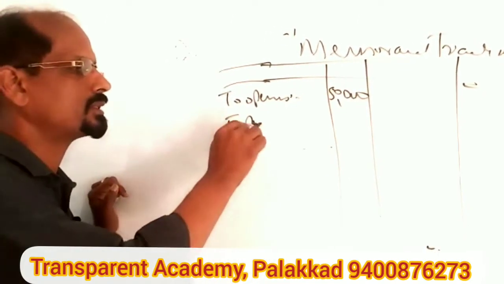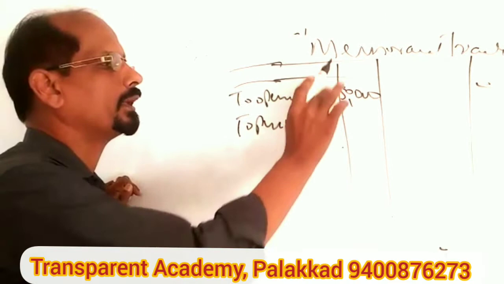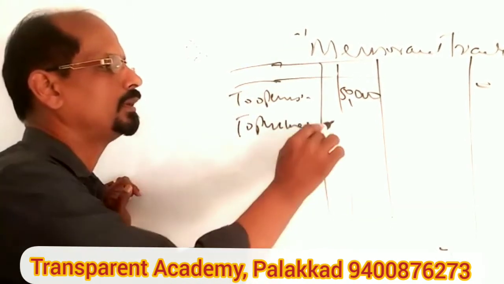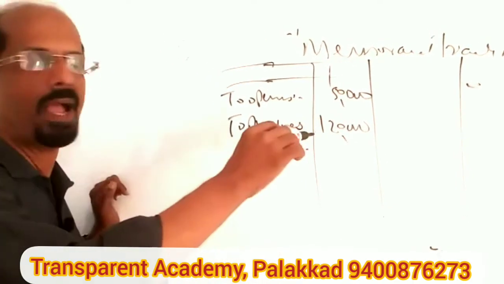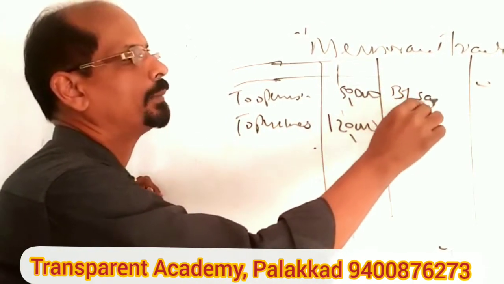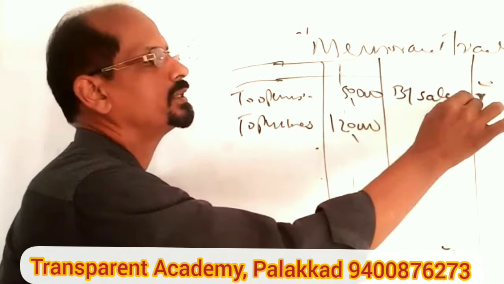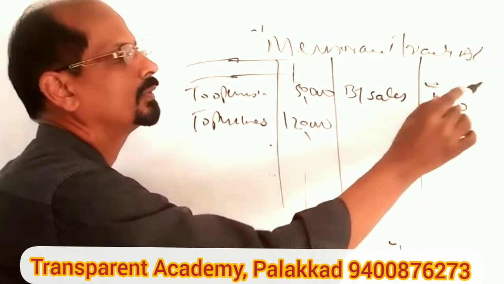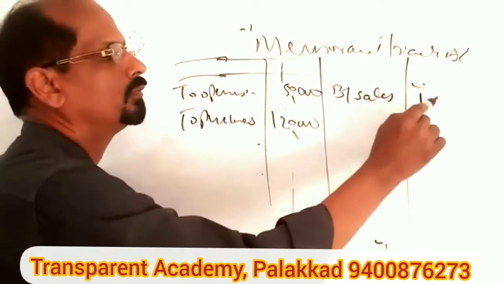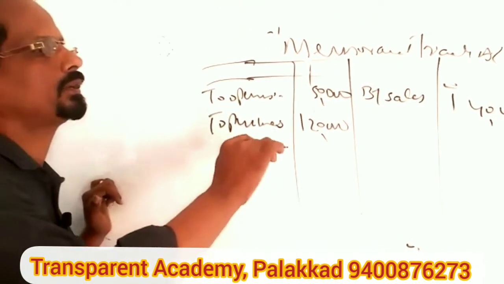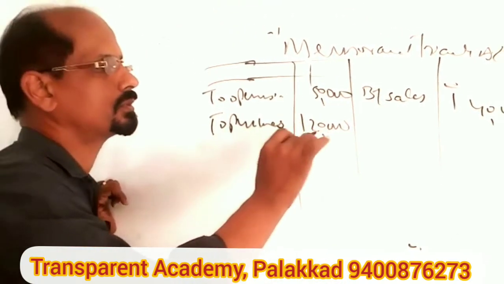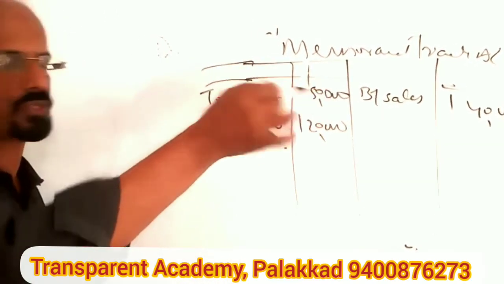The purchases up to the date of fire, say for example, is 1,20,000, and sales up to the date of fire is 1,40,000, and GP is, suppose, 20% on sales.